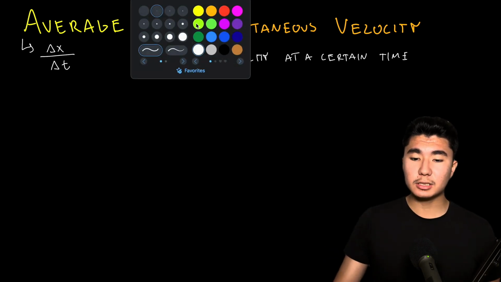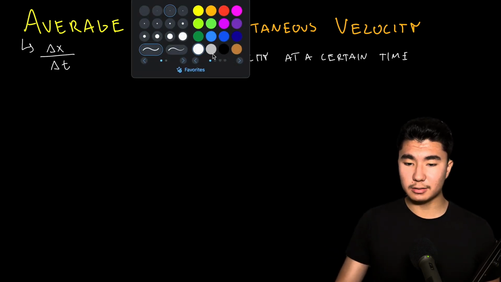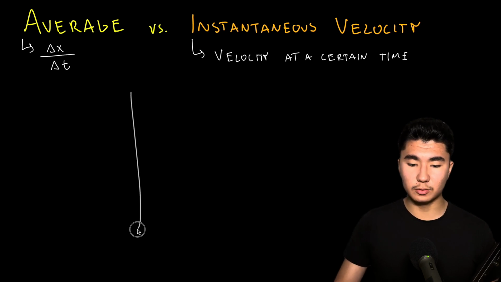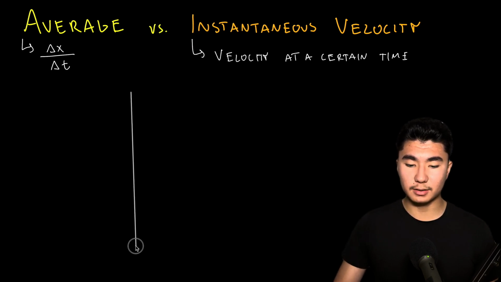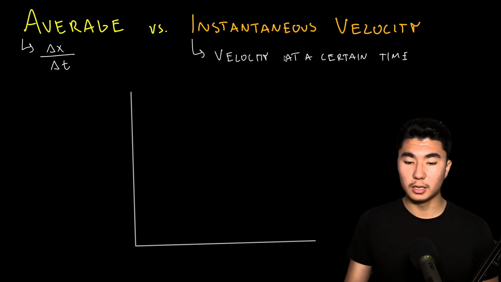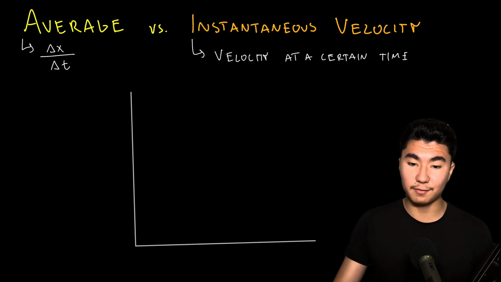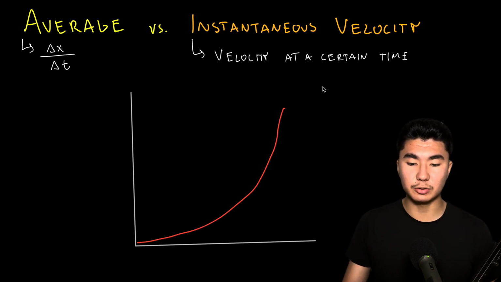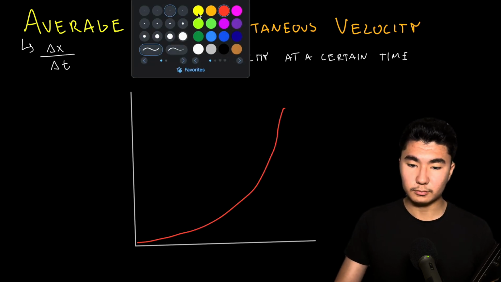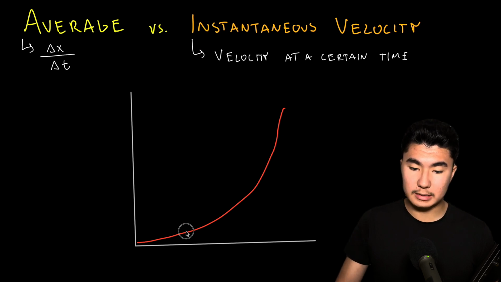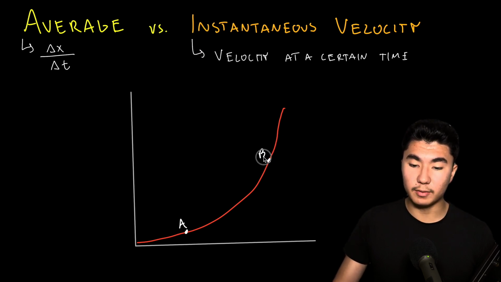I'll draw a graph real quick just to help you visualize this. Let's say we had a graph with a positive y-axis, positive x-axis, and let's just say we have a regular exponential curve. Now, let's label my points A and B right here.